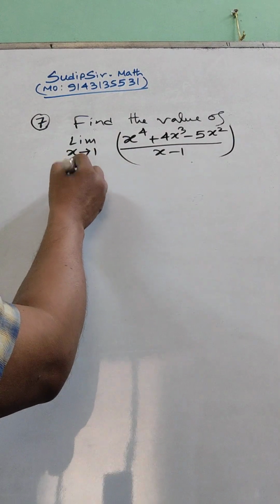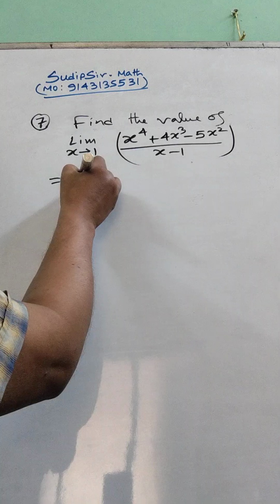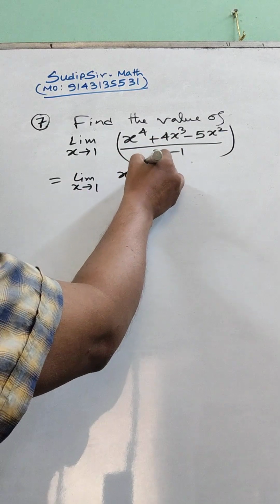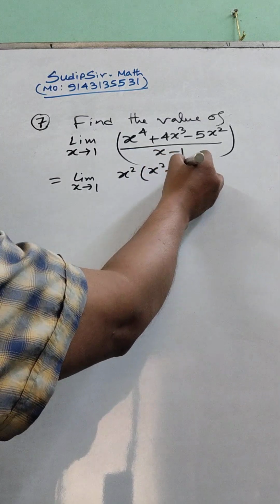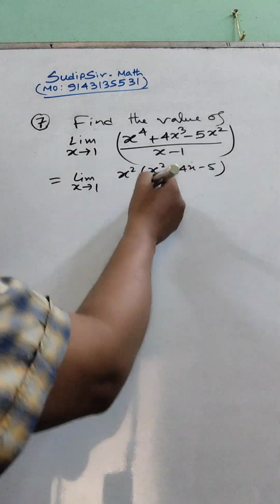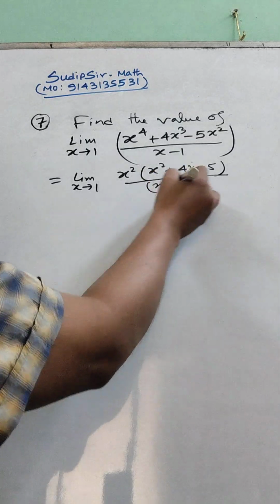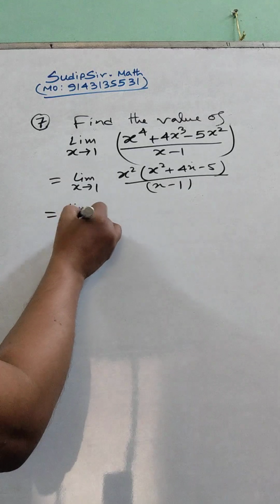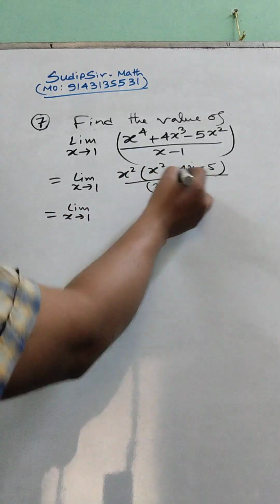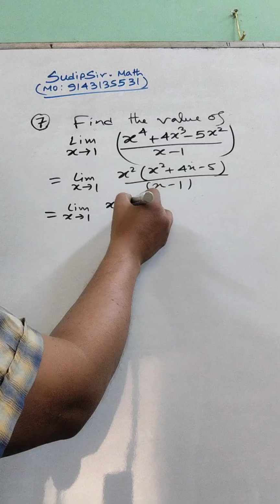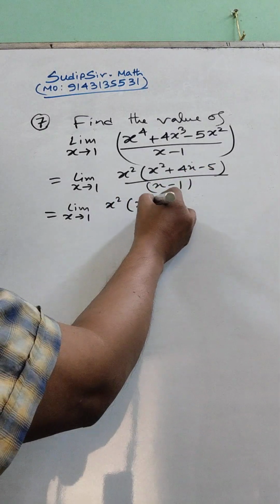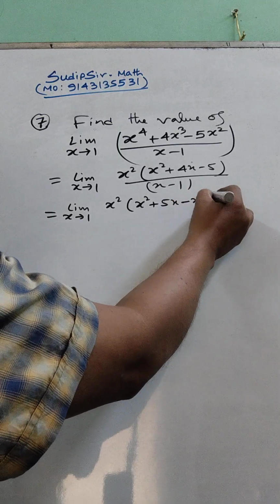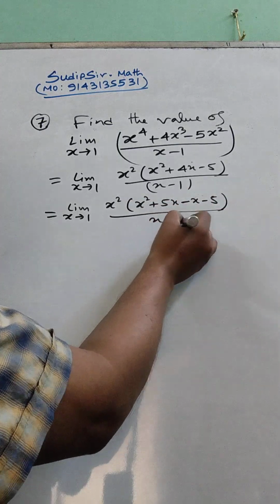Now for this, limit x tends to 1, take common x square, then this is x square plus 4x minus 5 by x minus 1. Now factorize it using the middle term: x square plus 5x minus x minus 5 by x minus 1.